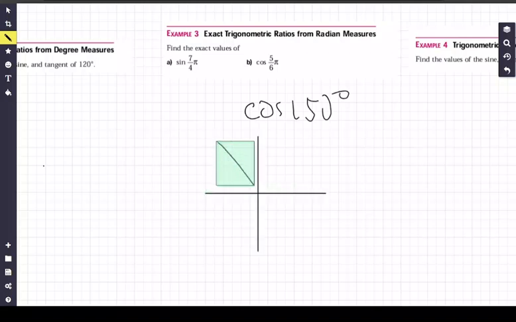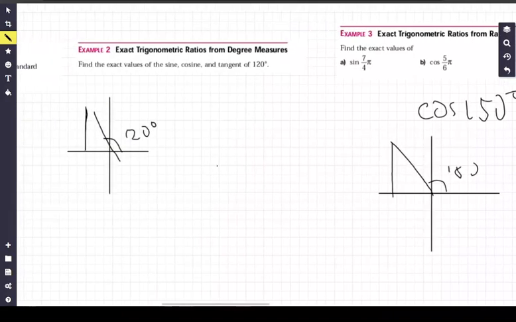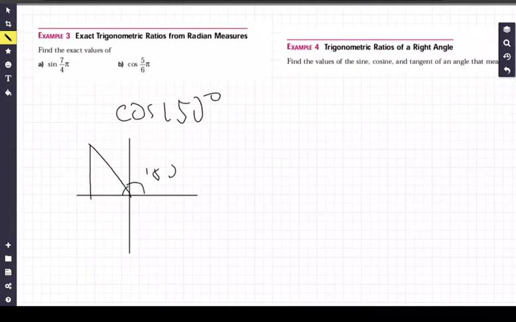Let's draw that out. This is 150 degrees. And if we have this triangle left here, that is 30 degrees. So this is 30, then this has to be 60, because remember, this is like the reverse of this.